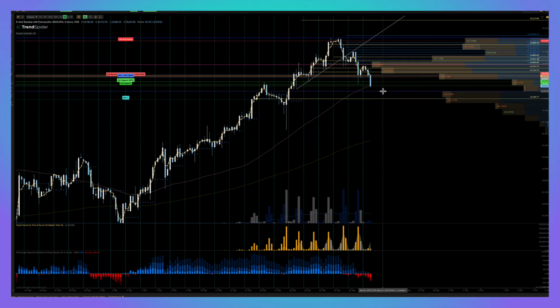Value area low on the 4-hour chart is 24,571. And more importantly, 2 put support lines at 24,615 and 24,650. What that's going to do is cause this area to be fairly noisy.